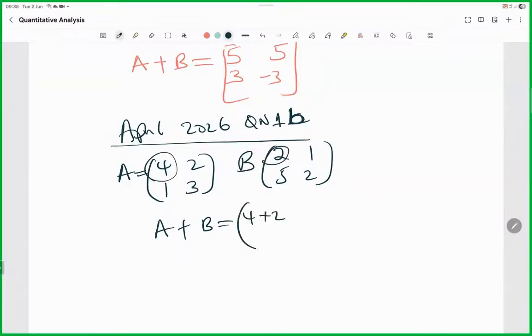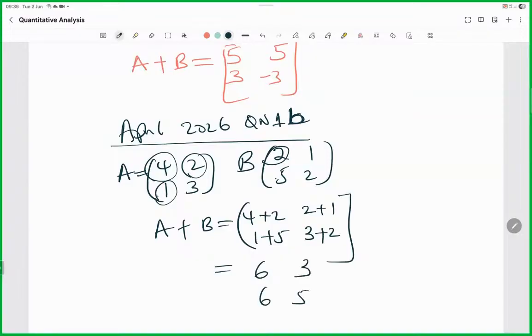The next one will be 2 plus 1. Then 1 plus 3, 1 plus 5, then 3 plus 2. Corresponding elements, which basically will be 6, 3, 6, and then 5. So you basically add or subtract corresponding elements.